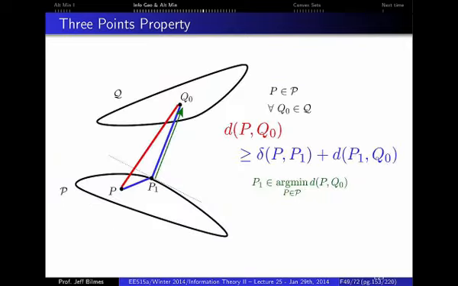Now, why is that? Let's look at the picture for the 3 points property. So now we have only 3 points, first of all: q naught, p, and p1. We choose a point, p. And we have to say, okay, for all q naught, so we choose any arbitrary q naught from up here. Let's just choose this one right here.